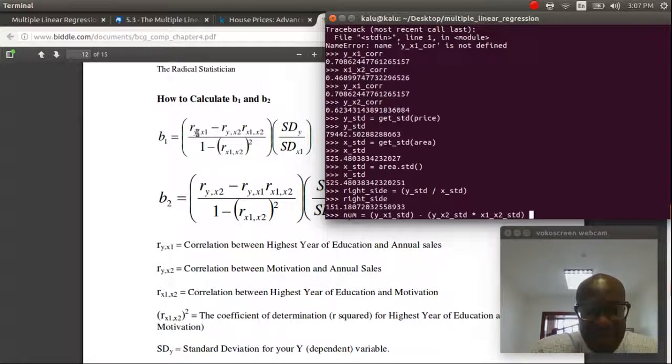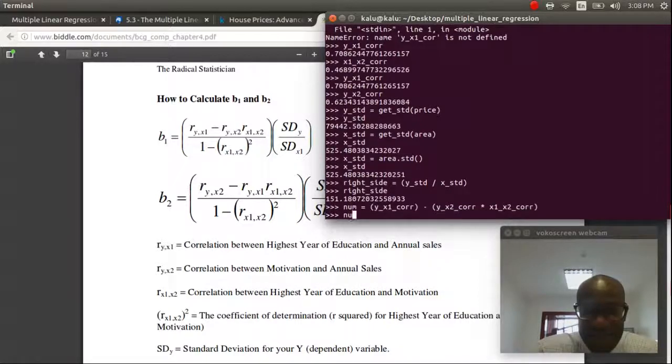So this is just the y x1 deviation. I'm so sorry, correlation. I'm saying the wrong words. You guys must have been confused. Correlation. I got confused from talking about the deviations over here. So anyways, we need to get the y x1 correlation minus the product of the y x2 correlation and the x1 x2 correlation. So let's go ahead and do that, and that should be our numerator.